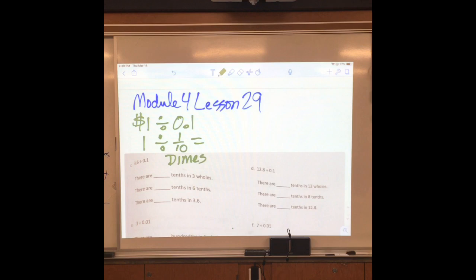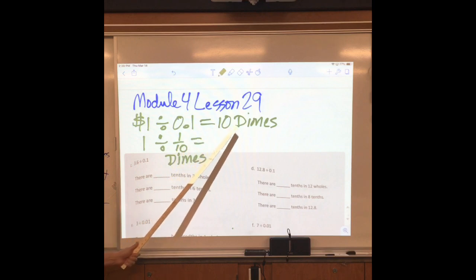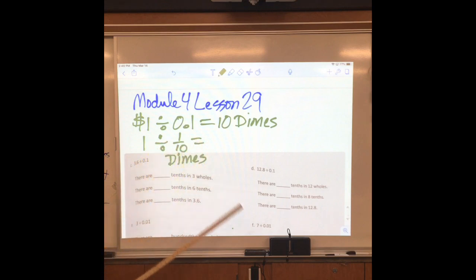Dimes. So if I said I have my $1, I'm going to divide it into dimes. How many dimes am I going to get? You would say I'm going to get 10 dimes, because in $1 there's 10 dimes, right? So 1 divided by 1/10 would be 10.